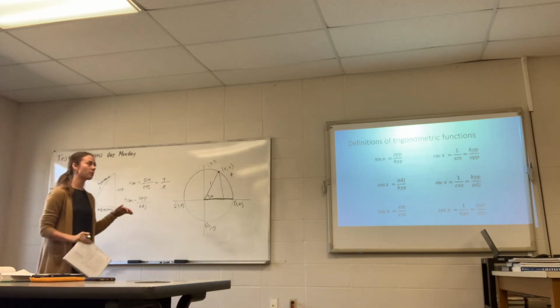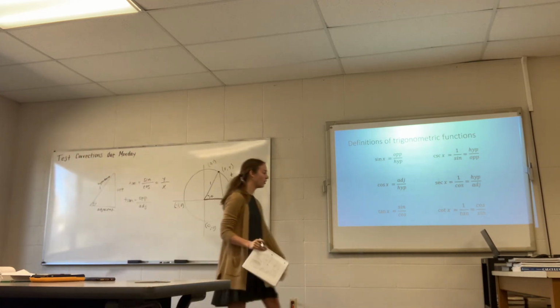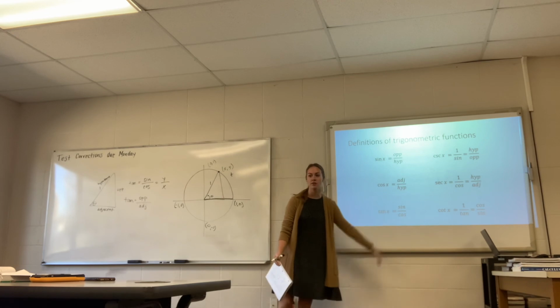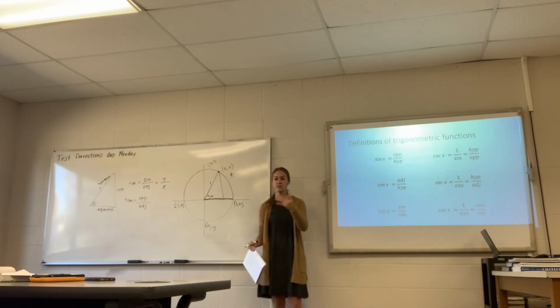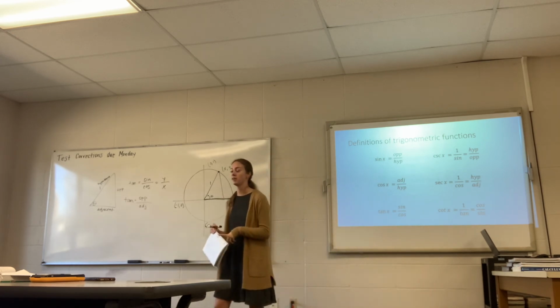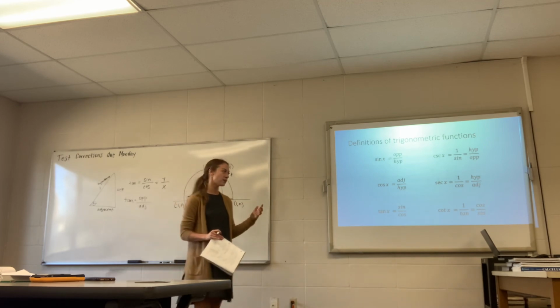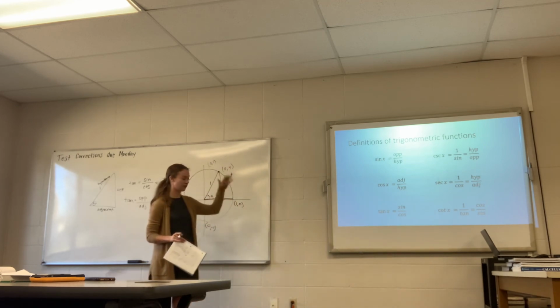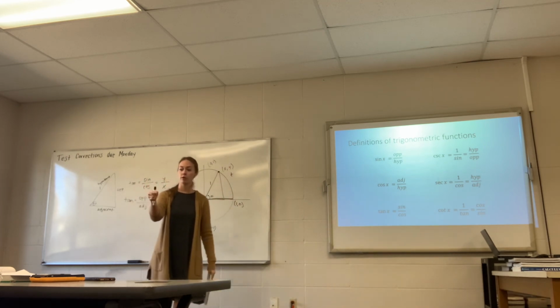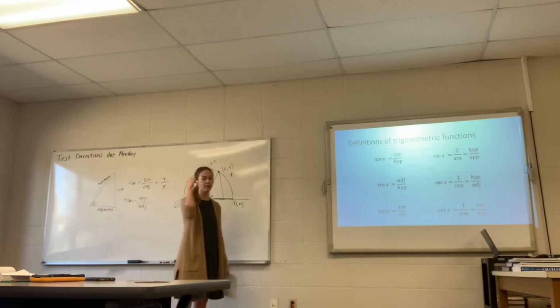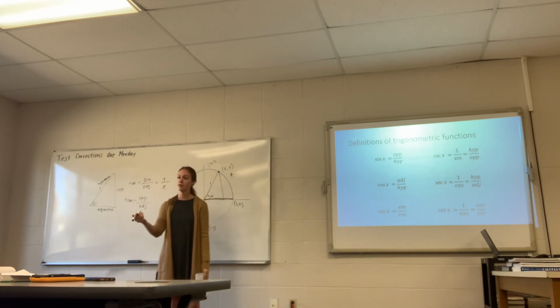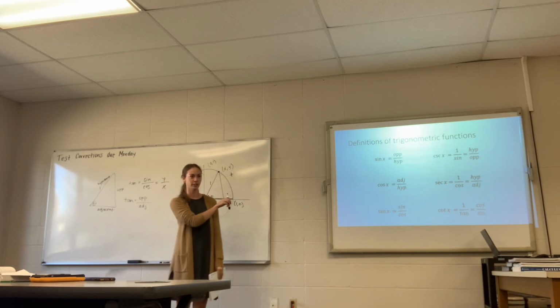Because most of the time we're going to be going from our unit circle, and we'll have the sine and cosine values, so if I tell you to find tangent, you don't have tangent written on your unit circle. So if I asked you to find your tangent at 45 degrees, you would go to 45 degrees, write your sine over your cosine, and simplify it to get your tangent.